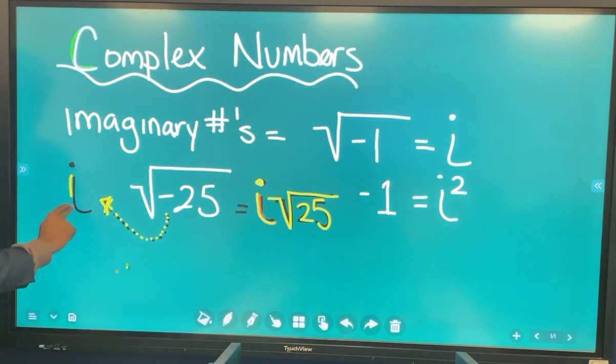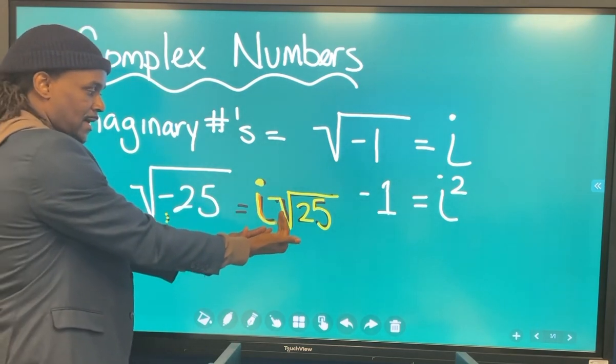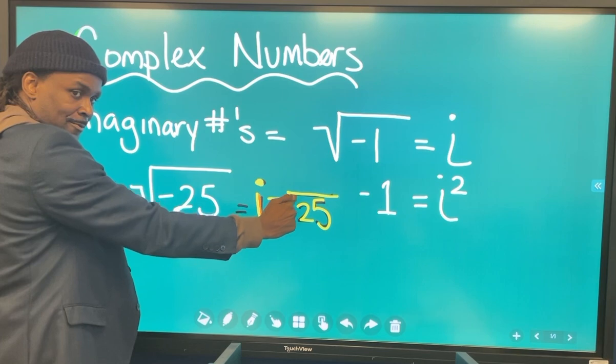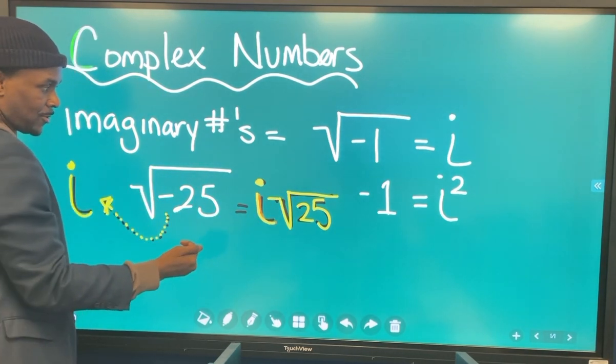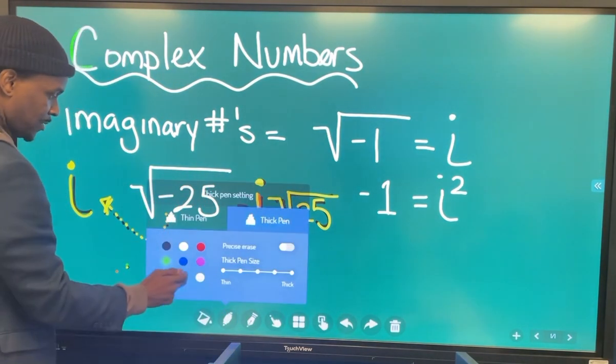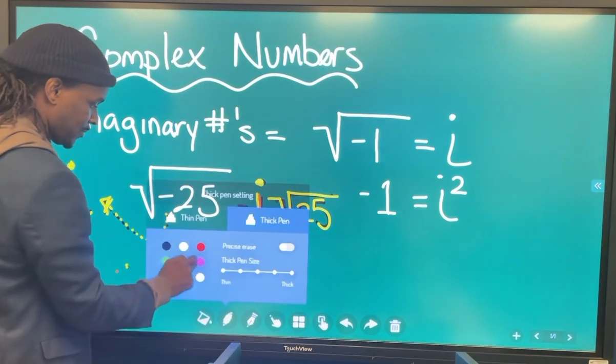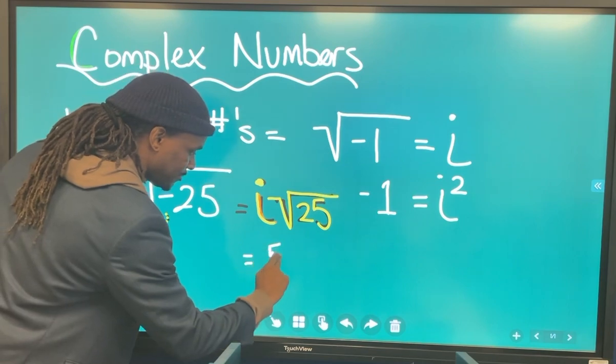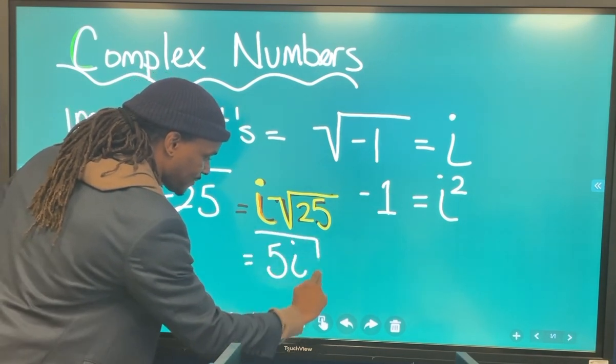So now you have an i on the outside, but you still have the square root of 25. So it made the square root positive by doing that? There you go. Now the last part, you convert the square root of 25. What's the square root of 25? 5. So your answer becomes 5i.